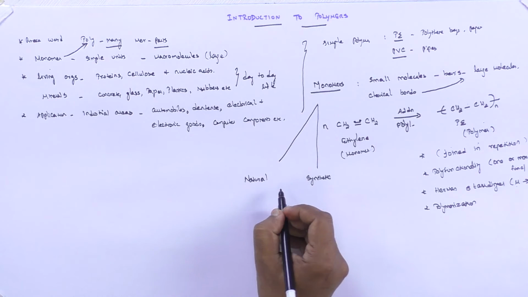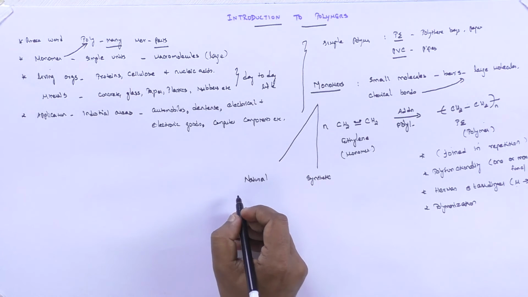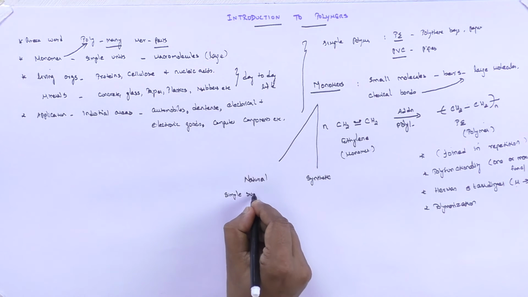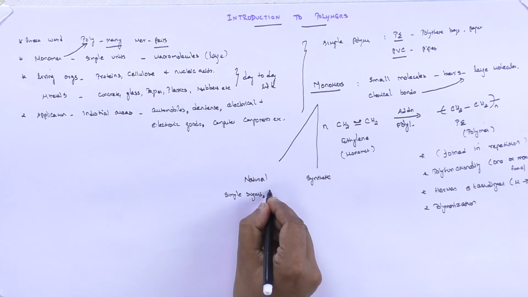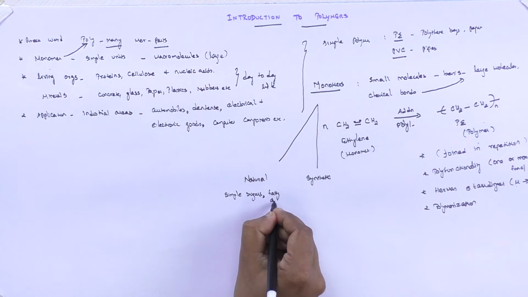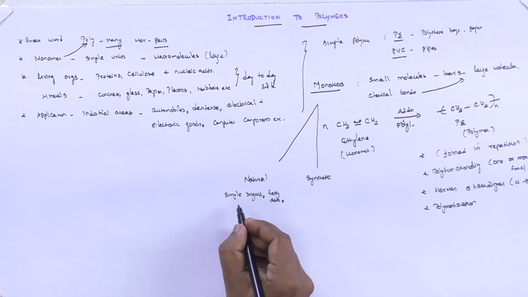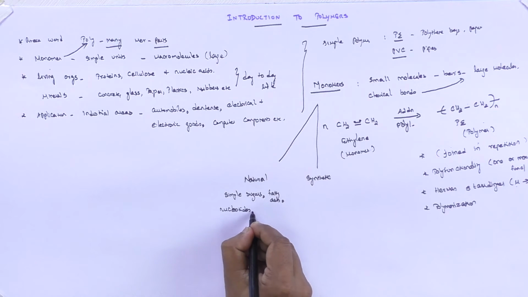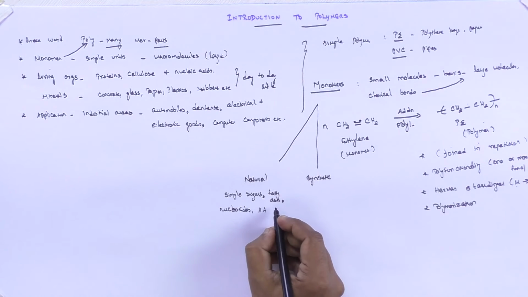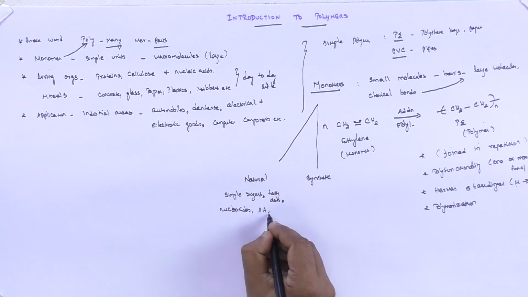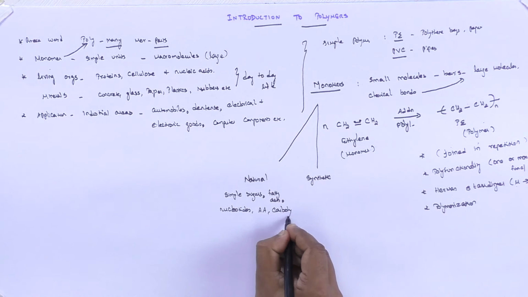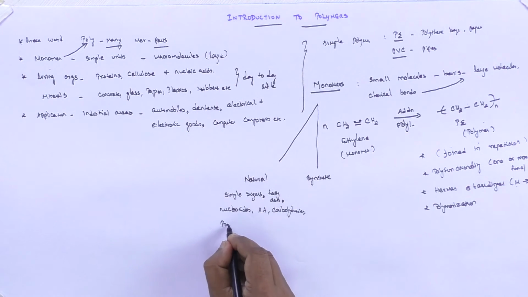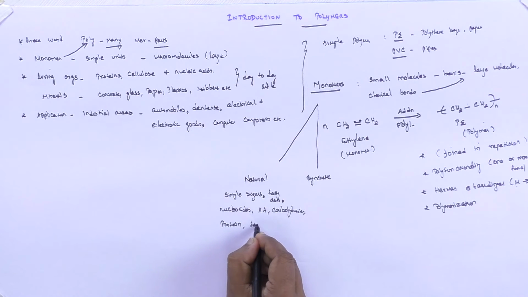Among the monomers in the natural world are simple sugars, fatty acids, nucleotides, amino acids, etc., and food in the form of carbohydrates, proteins, even fats.